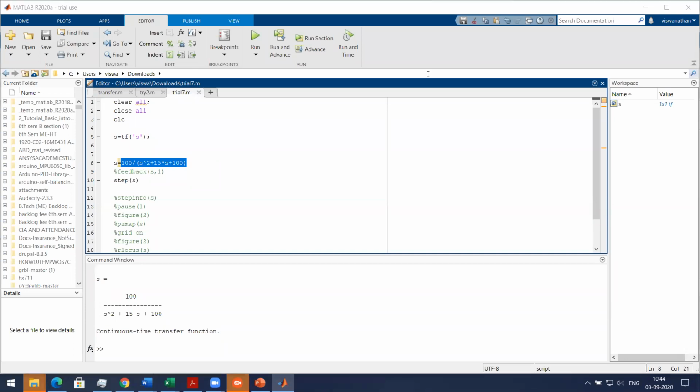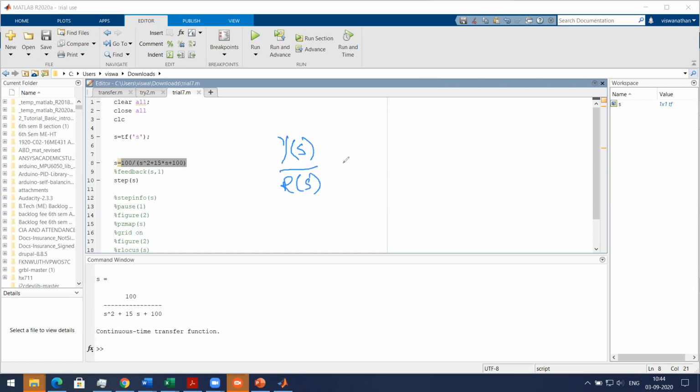The output by input is given by omega n square divided by S square plus 2 zeta omega n s plus omega n square. This is the transfer function, and it is equal to 100 divided by S square plus 15s plus 100.